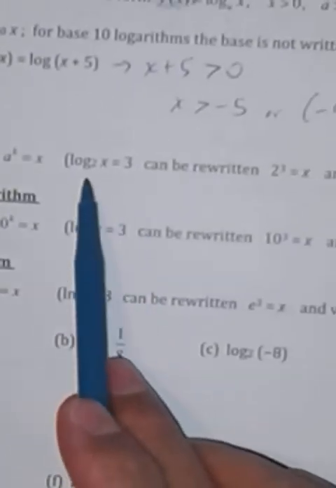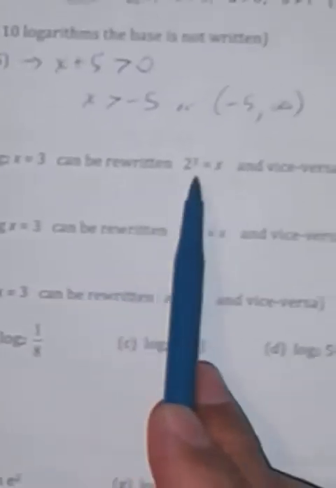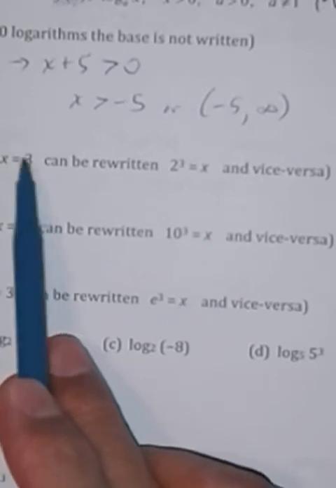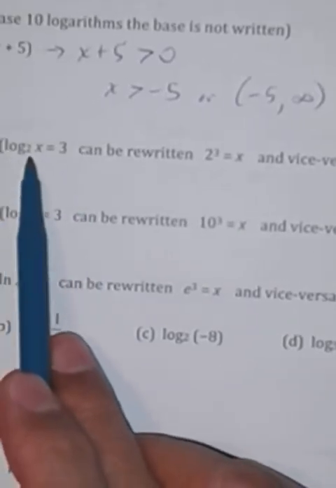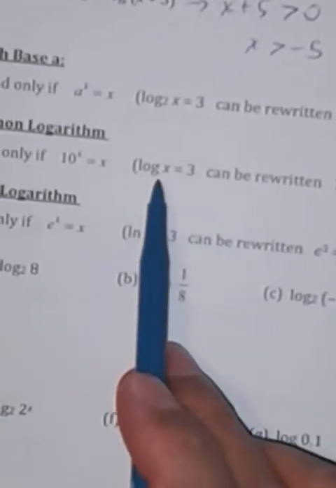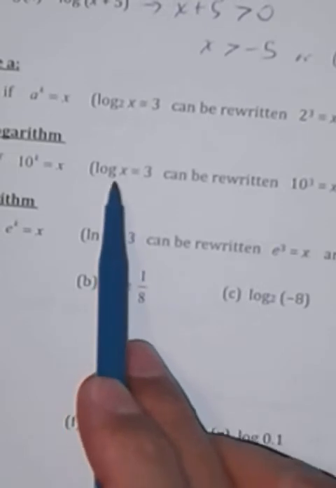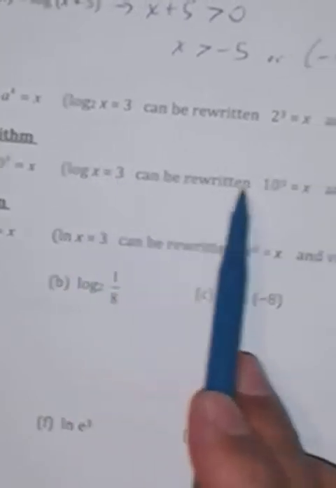For example, log base 2 of x equals 3 can be rewritten as 2 to the third equals x. Log of x equals 3 can be rewritten as 10, the base, to the third equals x.